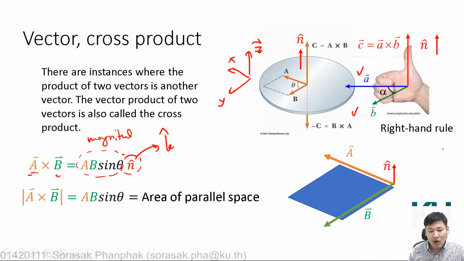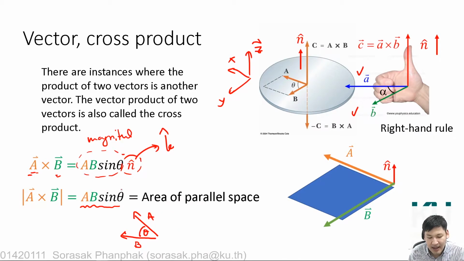If you look only at the magnitude, in this case the magnitude of vector A cross B is AB sine theta, like this. That means if you have vector A pointing in this direction and vector B pointing in this direction, and this is the theta between A and B, what is A sine theta or B sine theta?